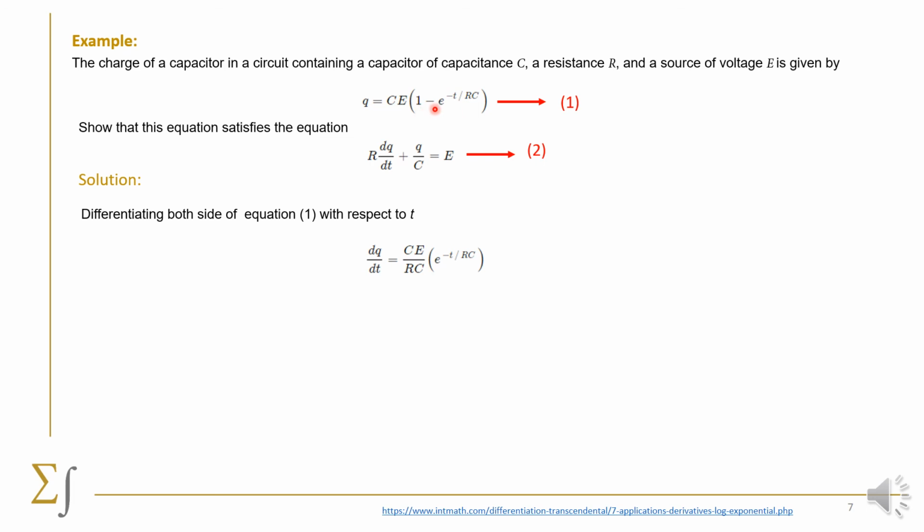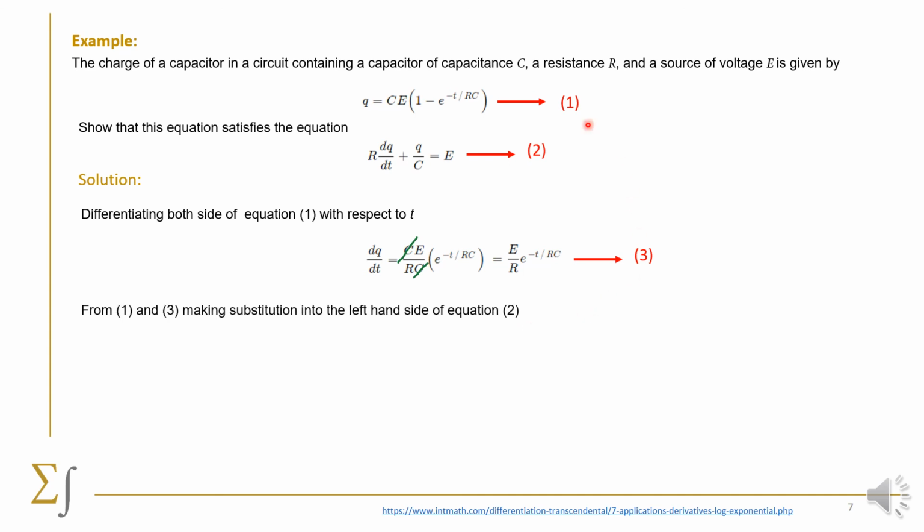So here we will have CE, the constant, as it is, times positive 1 over RC multiplied by the exponential function itself. And we see that we have C here and C here, so we can cancel them. Next, we rewrite it after cancellation, and we call this equation number 3.